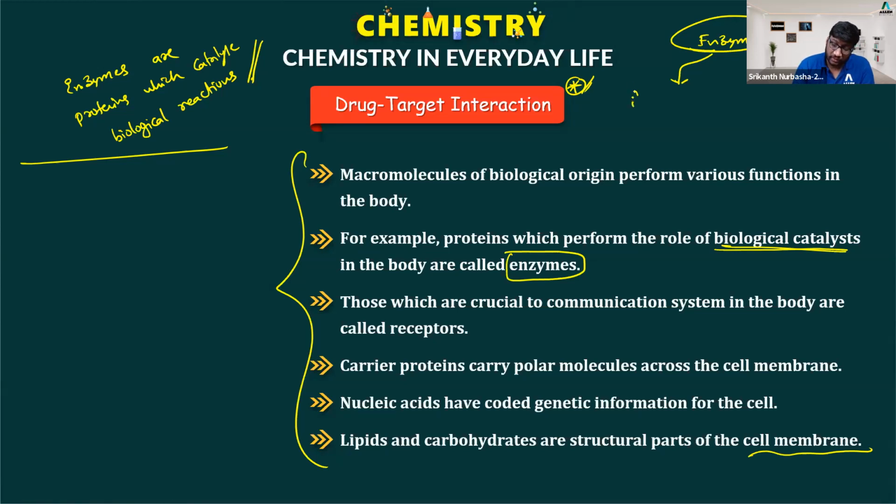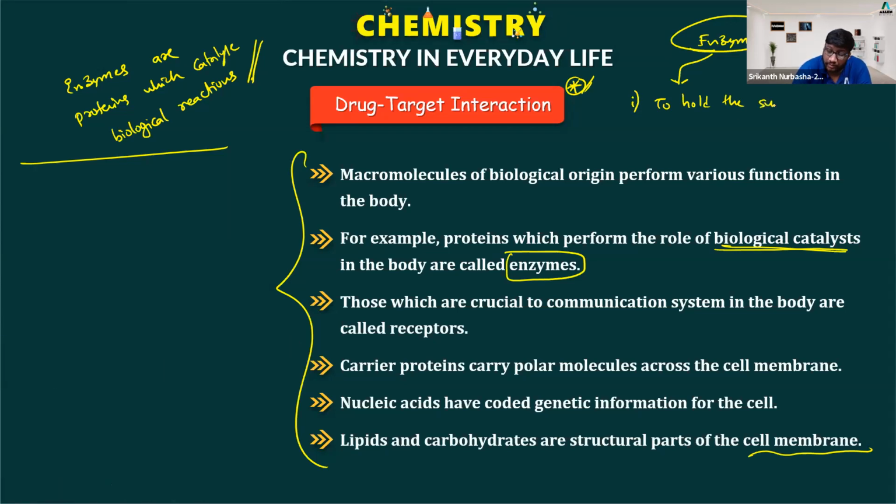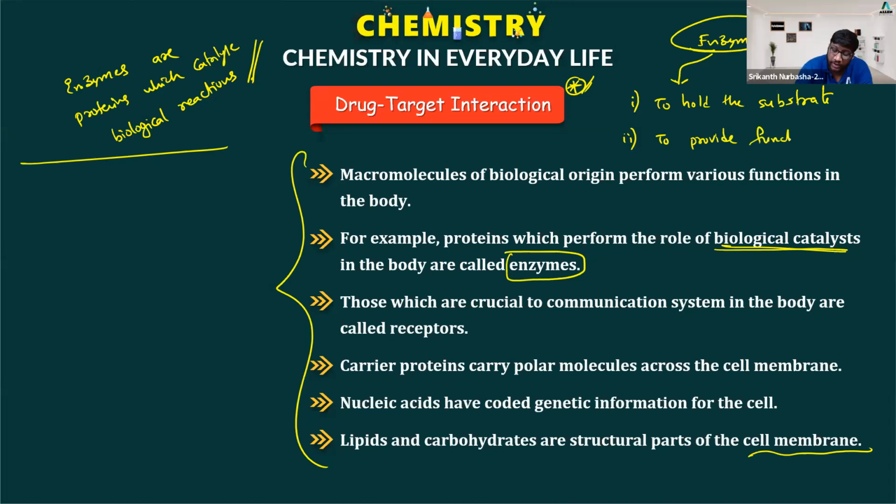What is the first function? To hold the substrate. Yesterday we drew the figures, right? The substrate will go and bind to the respective active site. The second function is to provide functional groups.